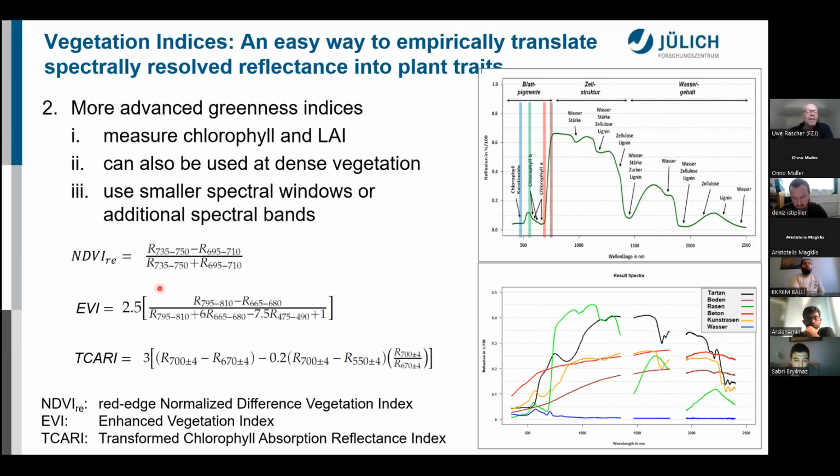And then after this NDVI formulation, if you open the literature, you can nowadays find a lot of what I call greenness indices, which have fancy names. Let it be the NDVI red edge, the EVI for enhanced vegetation index, the TCARI, the transformed chlorophyll absorption reflectance index, and so on and so forth.